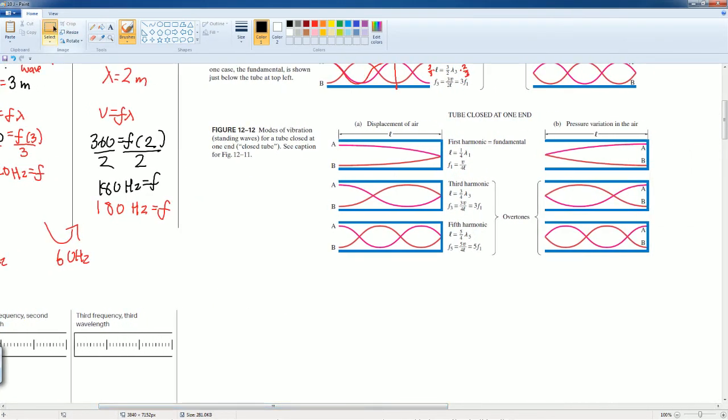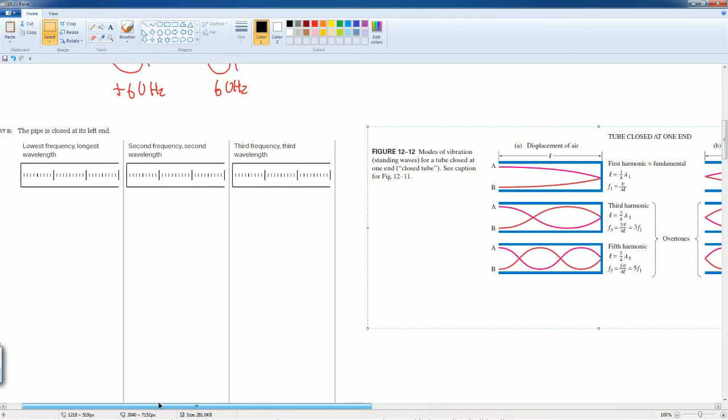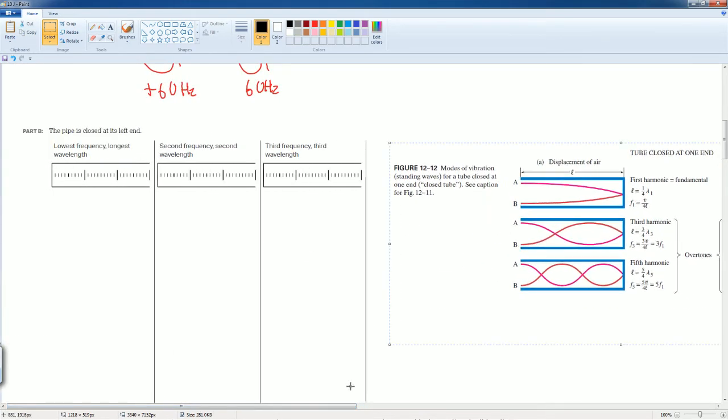So here you can still grab these notes here to help you, right? Because again, these need to be memorized if you want to understand. But this time in this example, it is closed on the left, so it's opposite to this. Okay, because it says here it's closed to the left side, right?